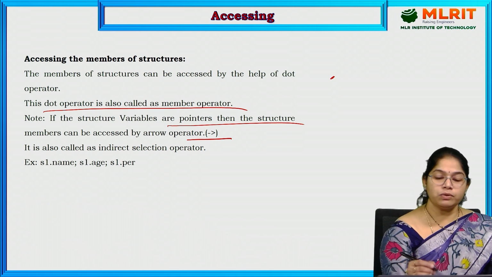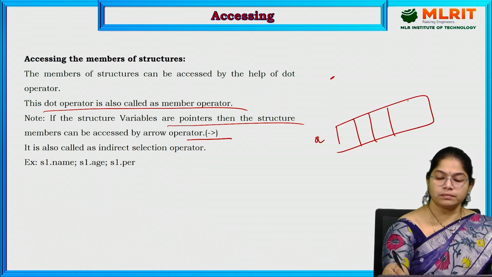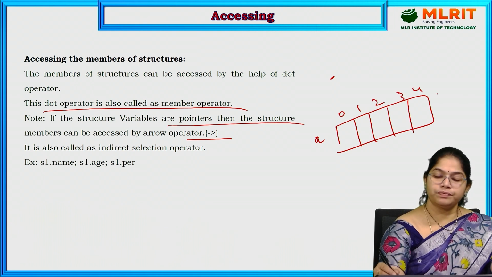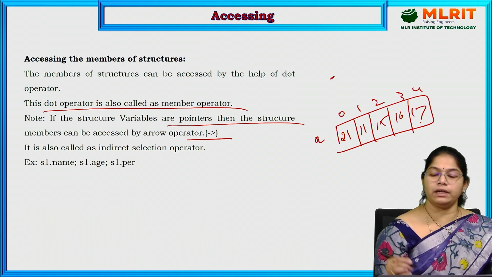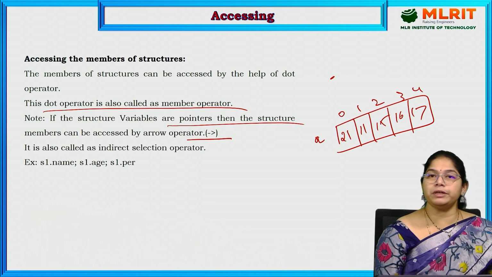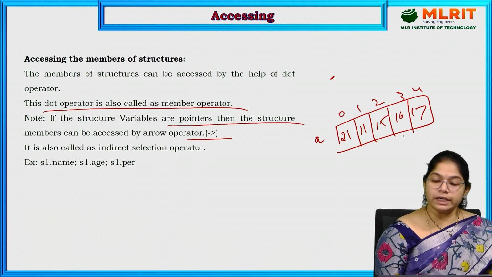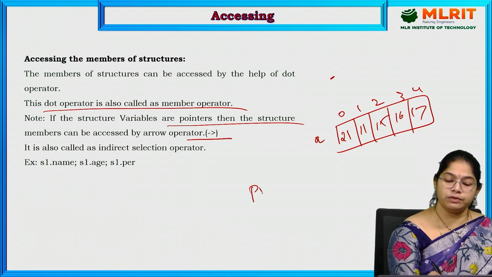Like, suppose consider an array A, with indices 0, 1, 2, 3, 4 and so on. Now the values given here are 21, 11, 15, 16, 17. Now I want to print the value present at index 3. So in index 3 we have 16. If I want to retrieve that value, I want to print that.